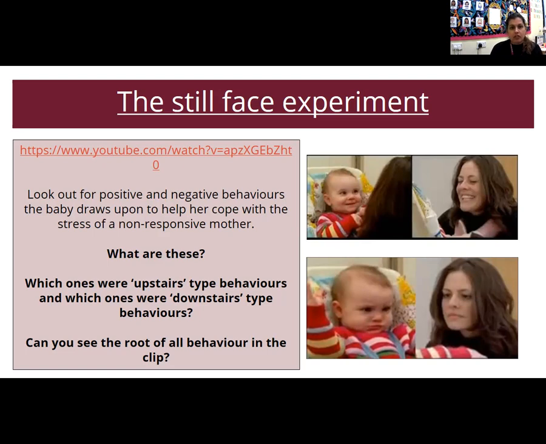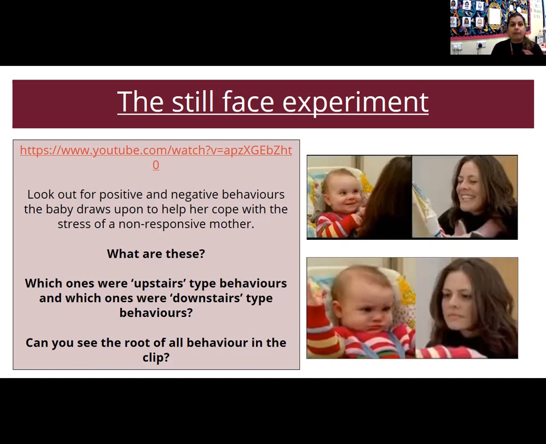I'm not going to show this, but this is the still face experiment. The aim was to see how our prosody, our facial expression and body language impact our children. It's quite a distressing thing to watch, actually. If you do watch, it's interesting, but it is quite upsetting as well. The mother is told to laugh, giggle and interact with her baby, and the baby responds in the same way.